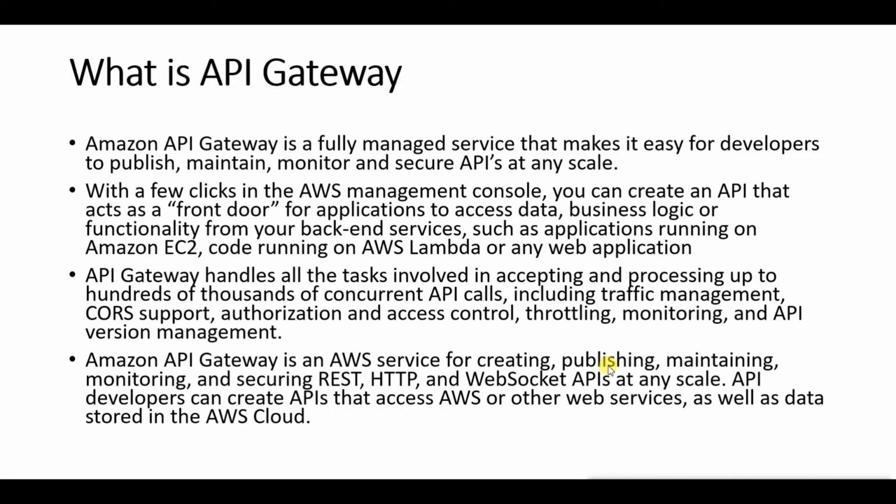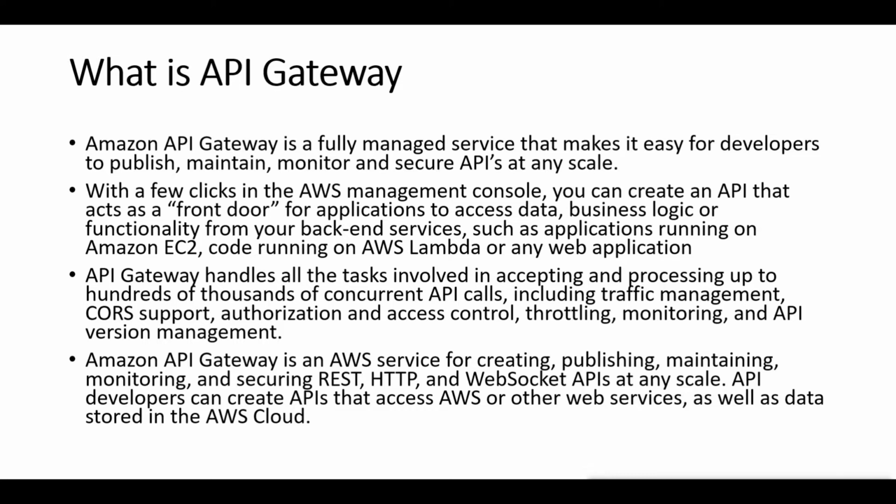all the tasks involved in accepting and processing up to hundreds of thousands of concurrent API calls, including traffic management, CORS support. We will see what is CORS support, authorization and access control, throttling, monitoring, and API version management. We'll see these.